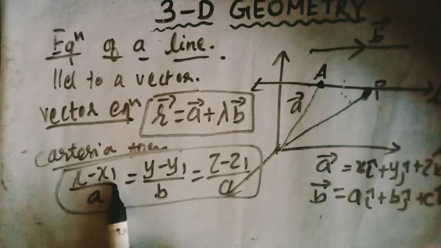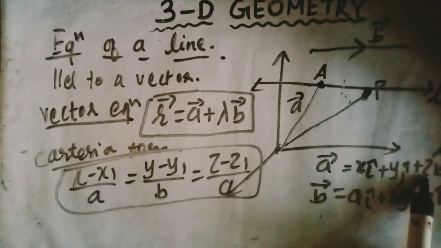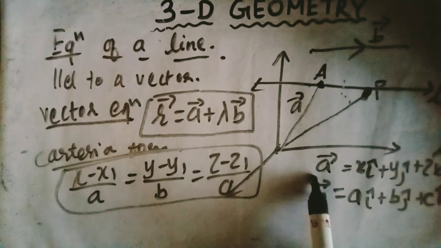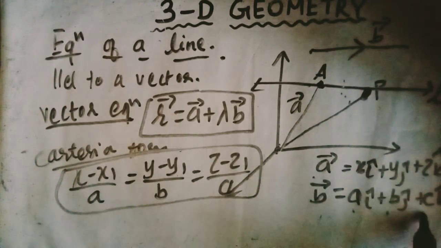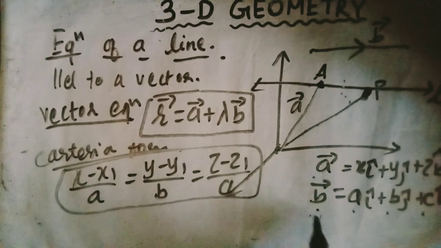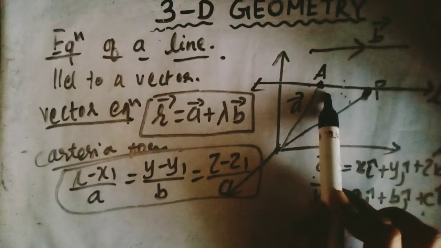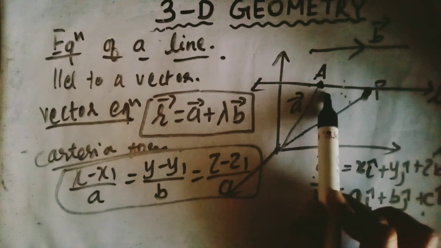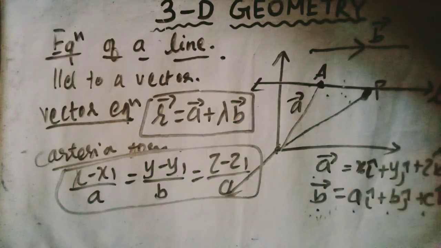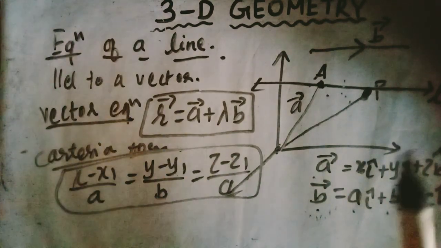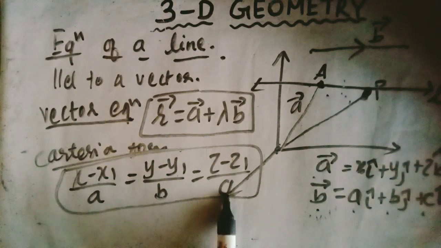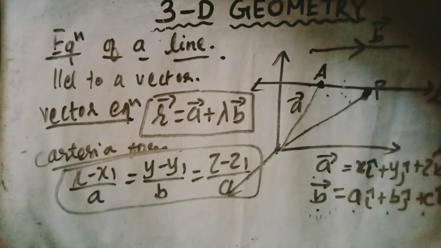Remember that x1, y1, z1 is for vector A, and a, b, c is for vector B. B vector is parallel to this line. If you have l, m, n as the direction cosines of the line, then a, b, c become l, m, n.